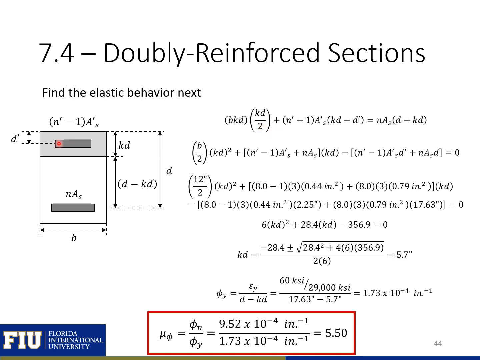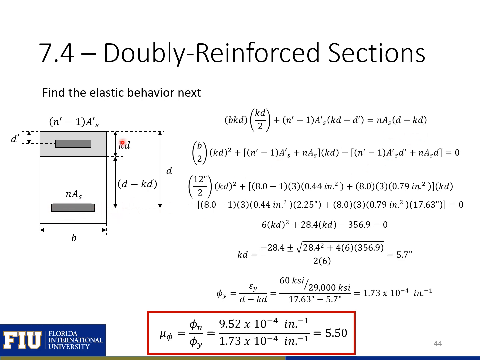Then we have the area of our compression steel, so N prime minus 1 times AS prime, the transformed area, times the distance from the centroid of this compression region to the neutral axis of our section, so KD minus D prime. And then we have our steel component, so N times AS, the area of our transformed tension steel, times D minus KD.